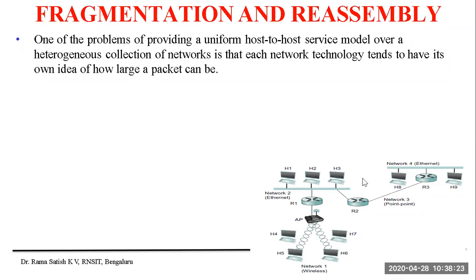You have different types of LANs with different formats, but you have to connect all of them and communicate. So the major problem is that different networks have different frame or packet formats.